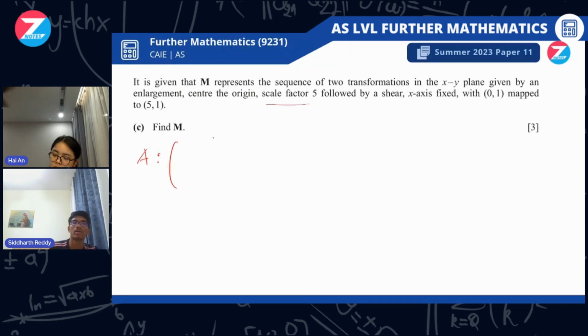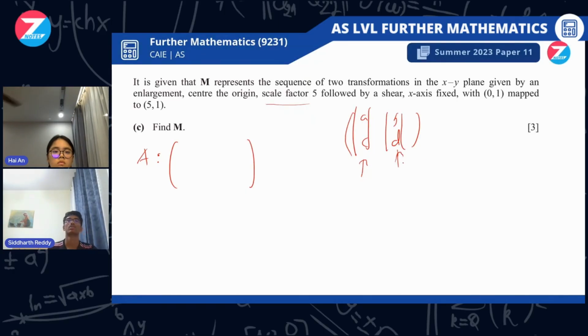You should know this: in a matrix (a, b, c, d), the first column represents where the i hat vector of the plane goes, and the second column represents where the j hat vector goes. Over here they gave an enlargement with center the origin.